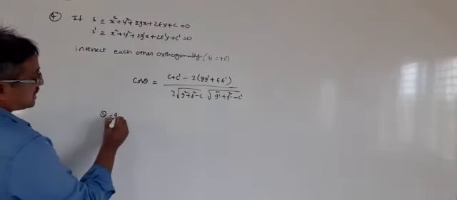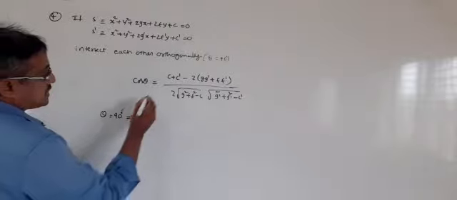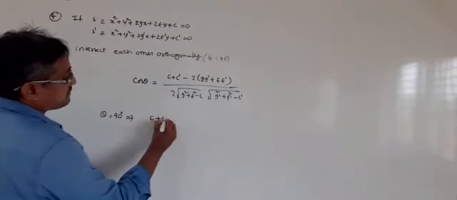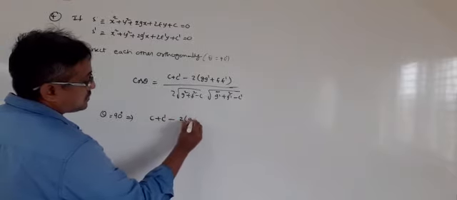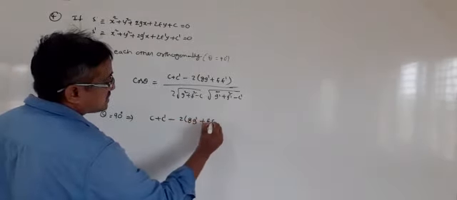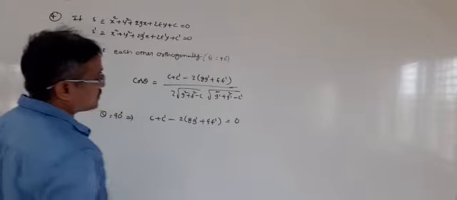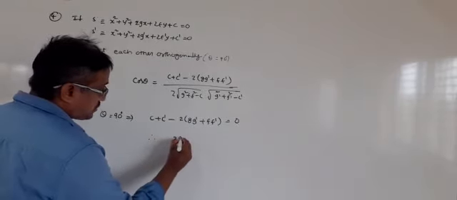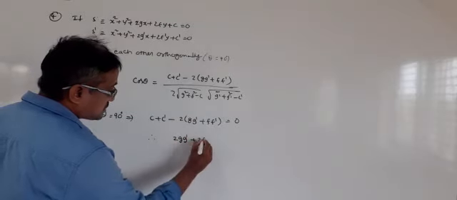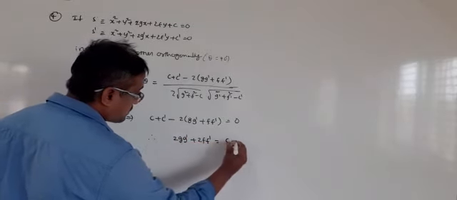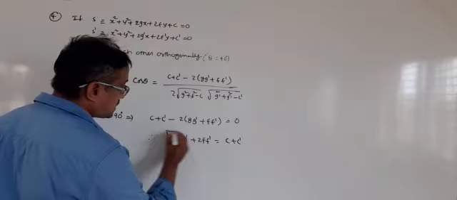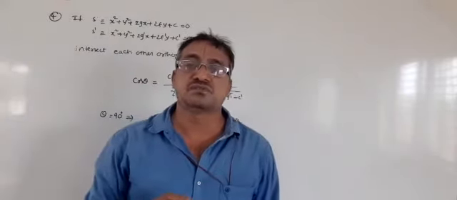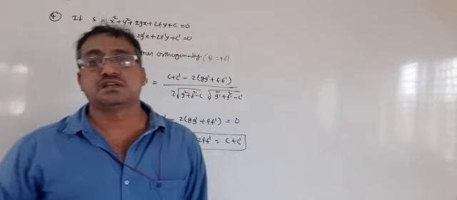Now put theta is equal to 90 degrees. Then cos 90 is 0. You will get c plus c dash minus 2 into gg dash plus ff dash is equal to 0. Therefore, the required condition is 2gg dash plus 2ff dash is equal to c plus c dash. Very, very important condition. This is used for circles in general form.